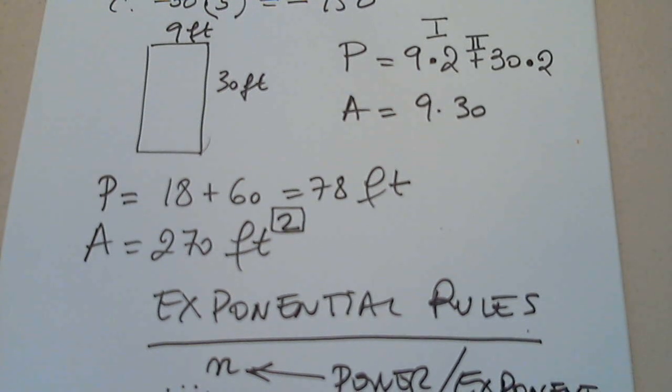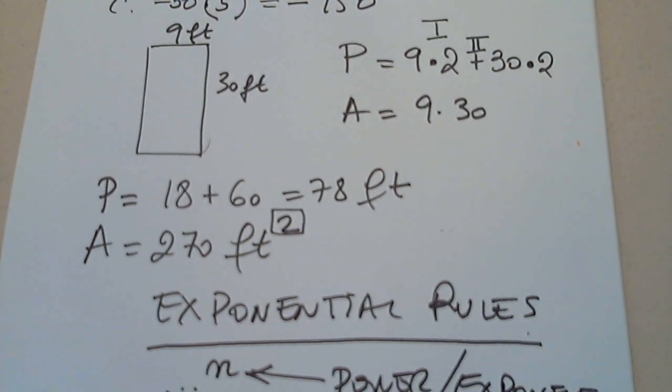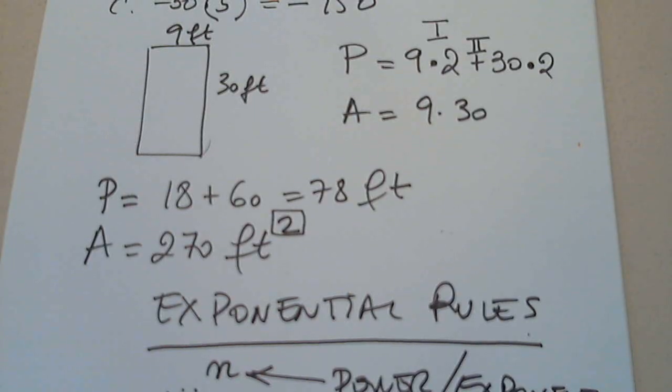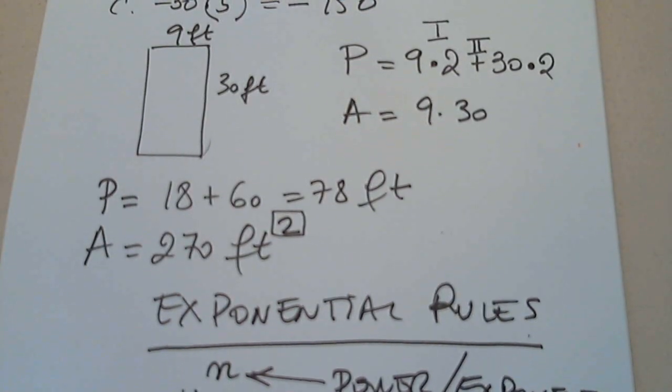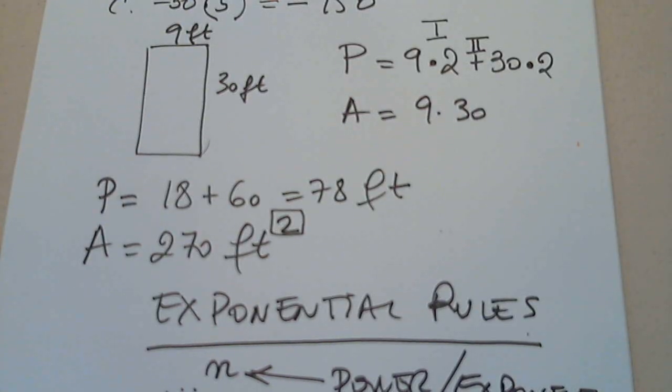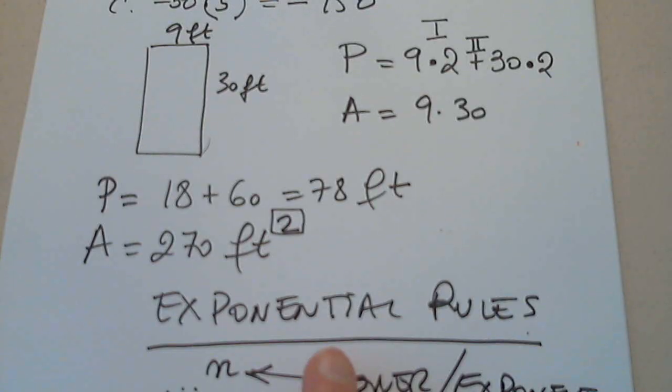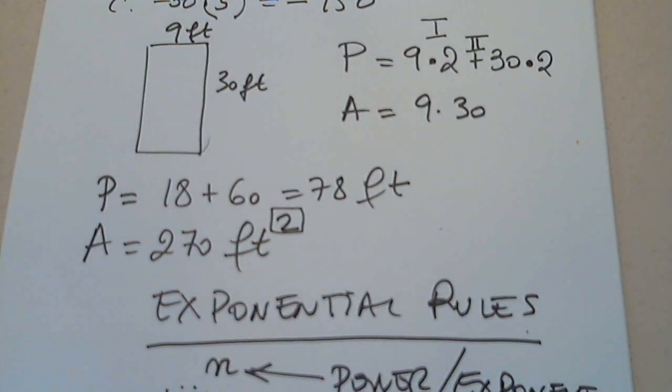A simple numerical example, a to the 4th power, means a appears as a factor, not added or subtracted. That would be a term. So a times a times a times a. So a appears as a factor 4 times. The base is a, the power is the exponent. Okay?